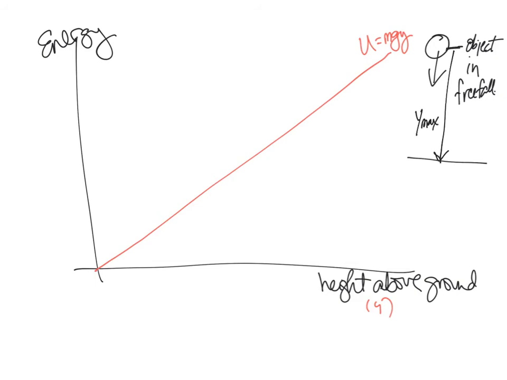So if I indicate that here, and of course that was annoying where I put the label for the axis, if this was my y max, and I'll try to use the same colors as before, that is my total energy, where this thing is at the highest point.